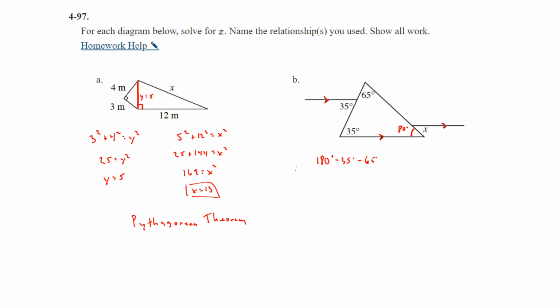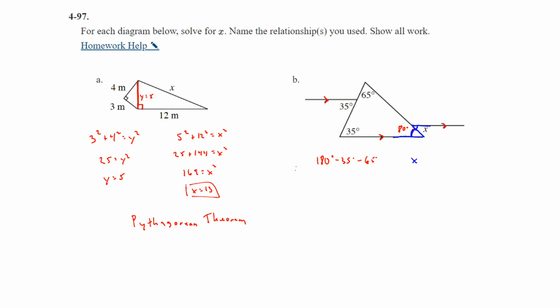We also know, using our parallel lines, this parallel line and this one, that this angle should be the same as this angle, and that would be our alternate interior angles.